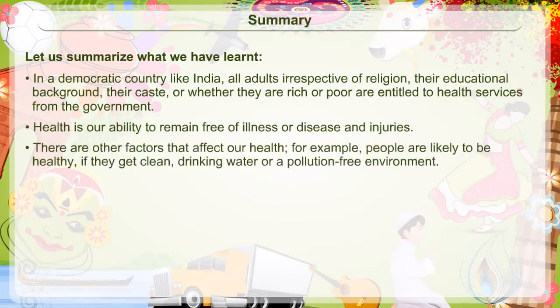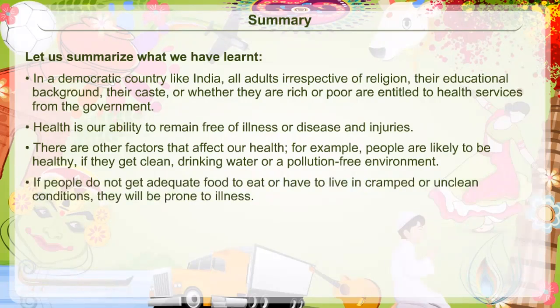There are other factors that affect our health. For example, people are likely to be healthy if they get clean drinking water or a pollution-free environment. If people do not get adequate food to eat or have to live in cramped or unclean conditions, they will be prone to illness.